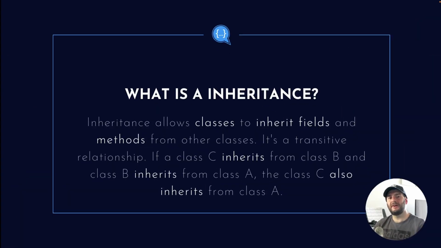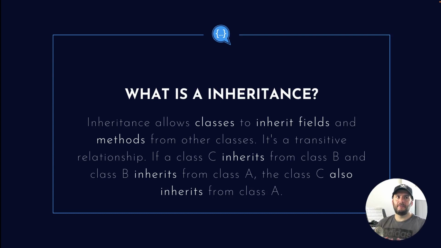All right, so let's talk about inheritance. So inheritance is the characteristic of object-oriented programming languages where classes can inherit from other classes all its members. That means their fields and their methods. It is a transitive relationship.